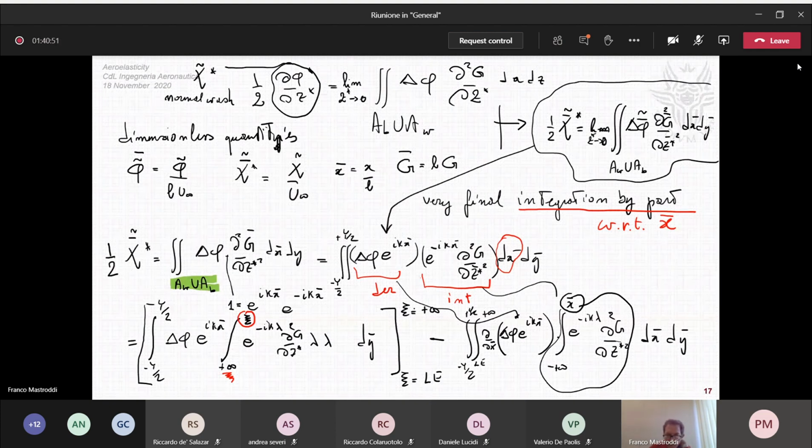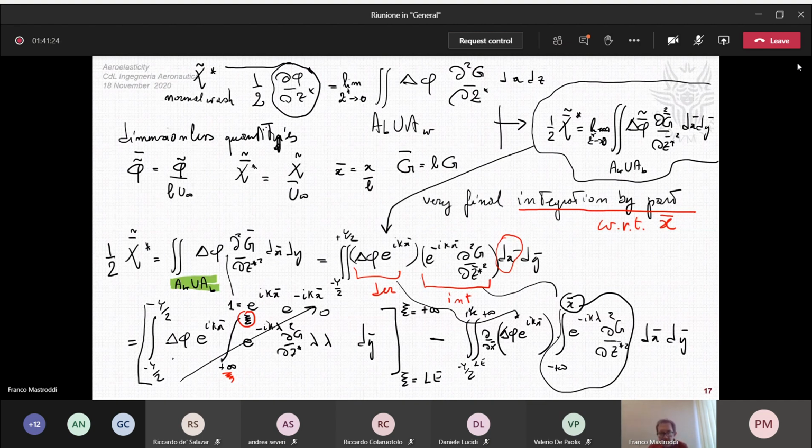When you evaluate this quantity for zeta equal to plus infinite, you have an integral from plus infinite to plus infinite, so this term is 0. And what happens when you evaluate the same term for zeta equal at the leading edge? At the trailing edge, you don't have any kind of discontinuity delta phi. And so this is 0 one time because this is 0, and the other time when this is 0. So we have 0 here, 0. We have only this part here.